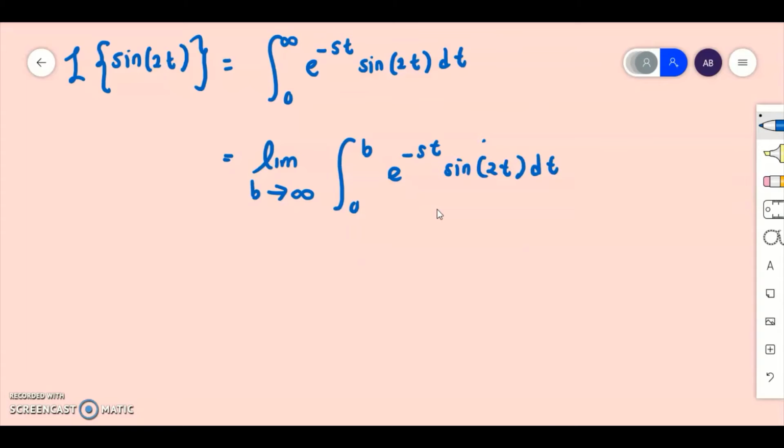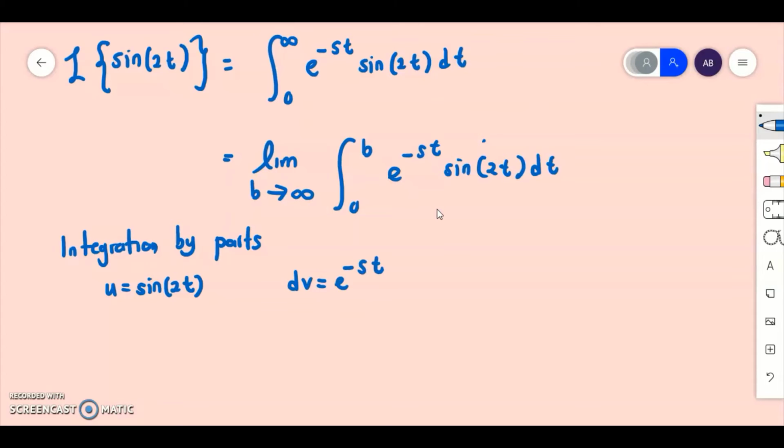Okay, so you have to use integration by parts to solve that. Okay, so where my u equals sine 2t, dv equals exponent negative st. So we have du/dt equals 2 cos 2t, and integrating dv will give you v equals exponent negative st over negative s.